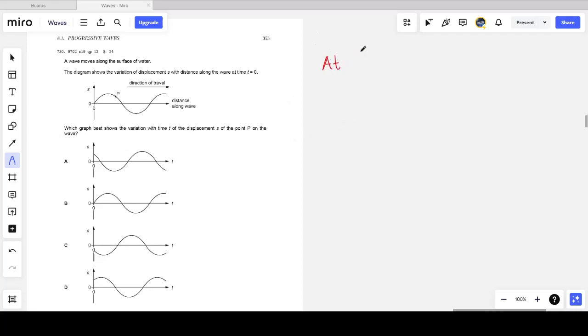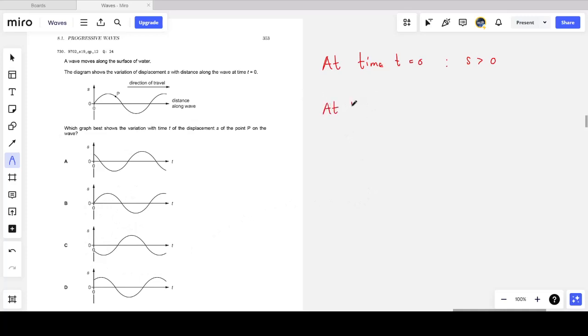But what I can see is that at time t equals 0, the displacement of the particle at P, or the point P, is positive. So when t is equal to 0, the displacement is greater than 0. That's an important thing because that's going to tell us how to choose our graph from the 4 options.